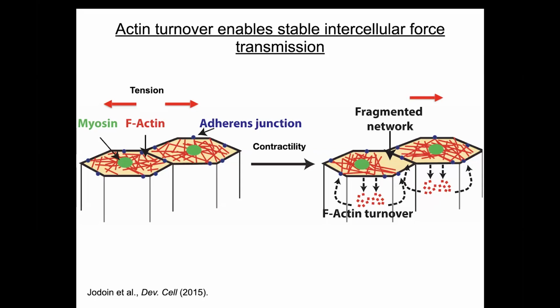Yeah, we don't yet know. One interesting thing is when you get some of these dramatic detachments, you actually get Rho kinase assembling at the junction. So it's almost like there's a homeostatic way to sort of signal to Rho. But then, from the actin disassembly side, I don't know.